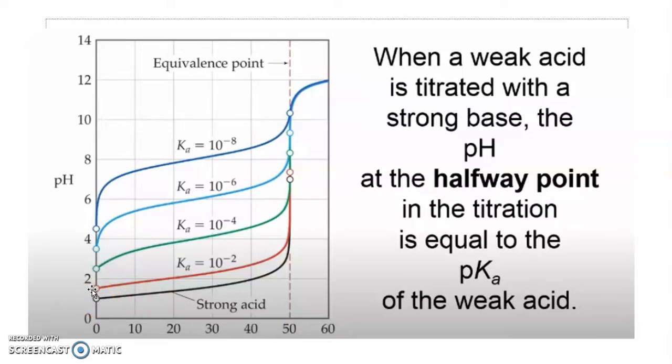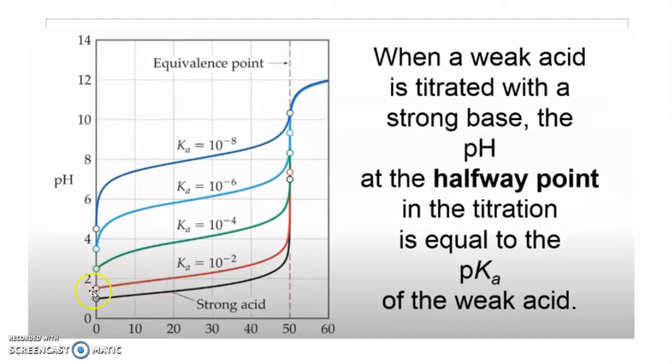So they're going to start a little bit higher. We're also going to get what's called this halfway equivalence. So their equivalence points are over here. That's where the number of moles of acid and base are the same. And if you look at a strong acid, there it is right there. It's at 7. But notice for all the weaks, they're all higher.